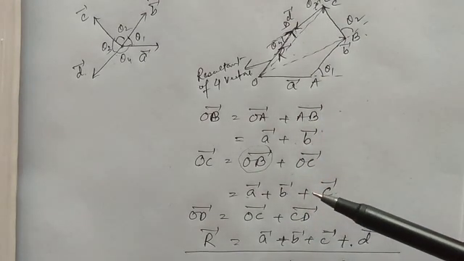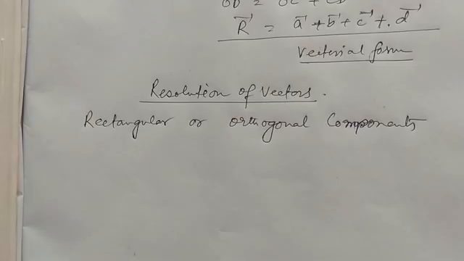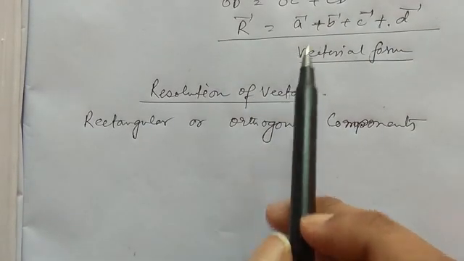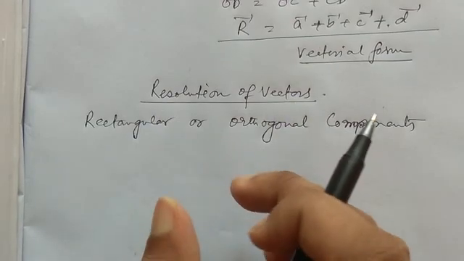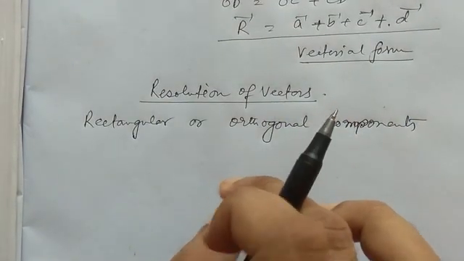There is every chance of making a mistake. So to ease the problem of the polygon rule, we find the resultant in a much easier procedure by the resolution of vectors.